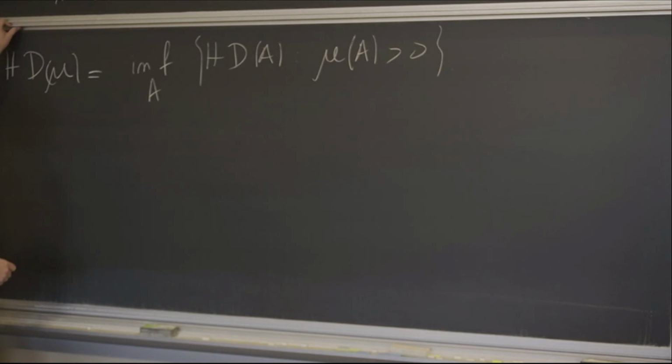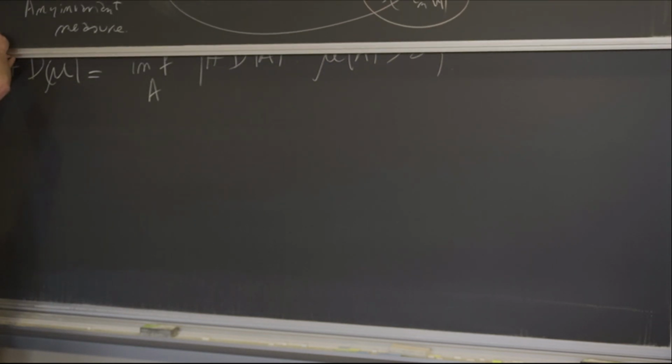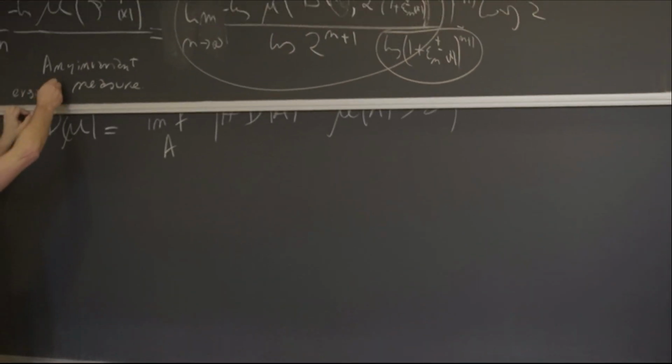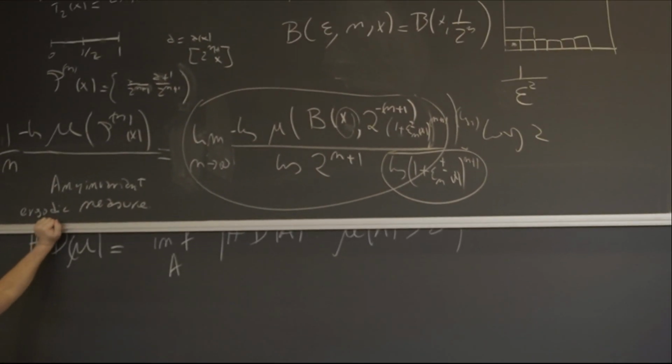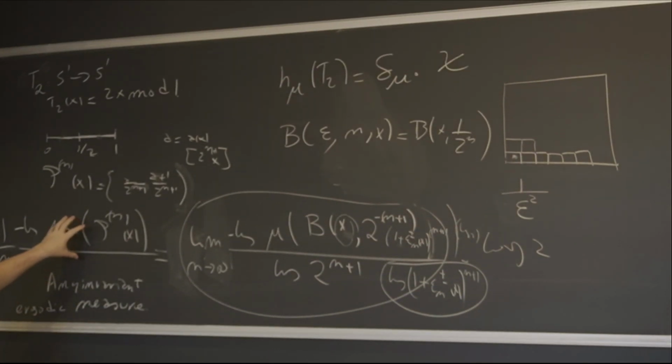So ergodic, I guess. You don't really need ergodic, but if it's not ergodic, then dimension will depend on the point. And the reason is because, even if the measure is not ergodic, Shannon-McMillan-Breiman tells you that this limit exists almost every point.